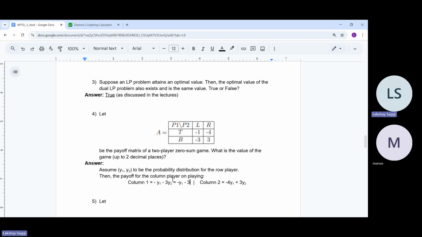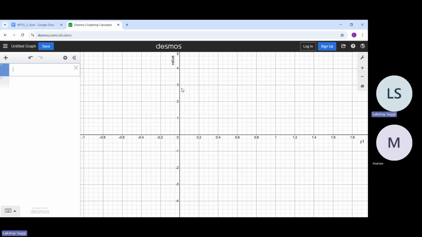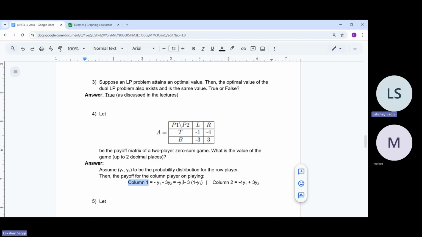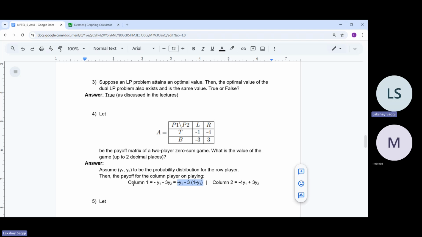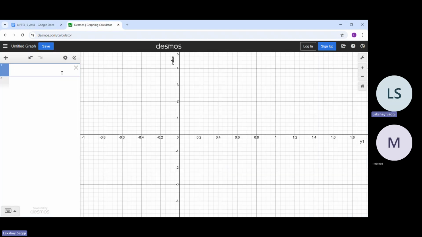So this can be written as minus y1 minus 3 times 1 minus y1. This payoff value is on the y-axis, and y1 is on the x-axis for me. So this is the plot I want: y equals minus x minus 3 times 1 minus x.